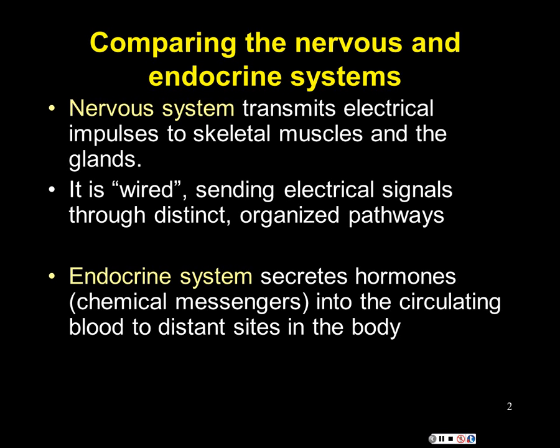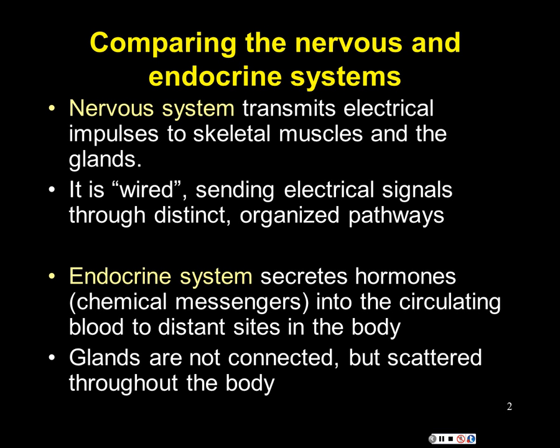But the effector cell is now far, far away from where the endocrine gland is. Okay, so the big thing is the nervous system releases what type of chemicals? We call those neurotransmitters. And the endocrine system is going to release things called hormones. Okay? And all the same things that we've learned in Chapter 5, the solubility, is still very critical. We still need to understand whether hormones are hydrophilic or lipophilic. Receptors and all that is going to play back into here.